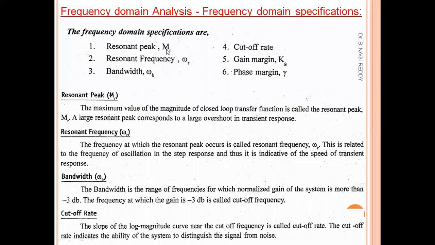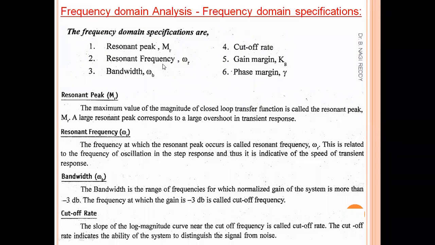So that's why generally we represent the closed loop transfer functions with M of S or M of j omega. That's why here this resonant peak is represented by M suffix R.